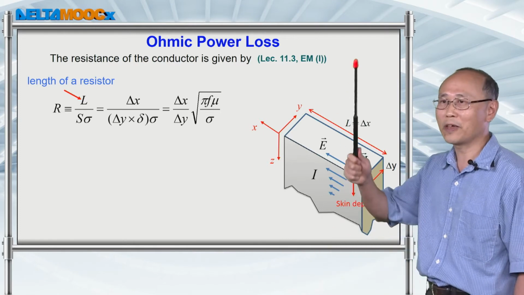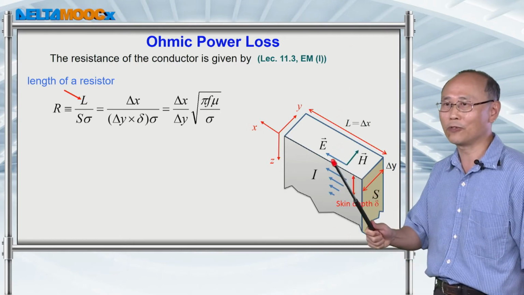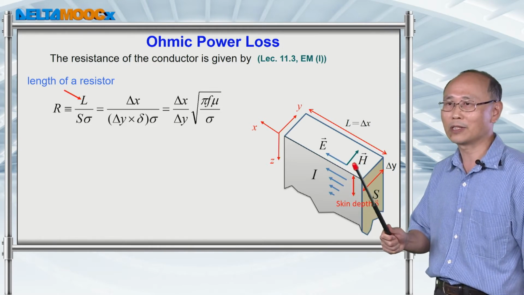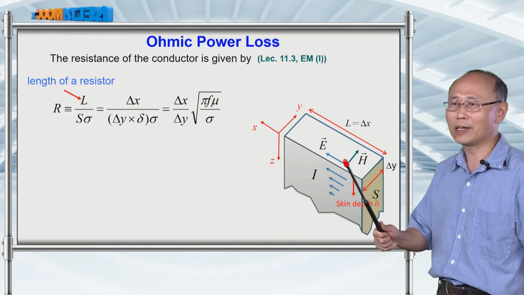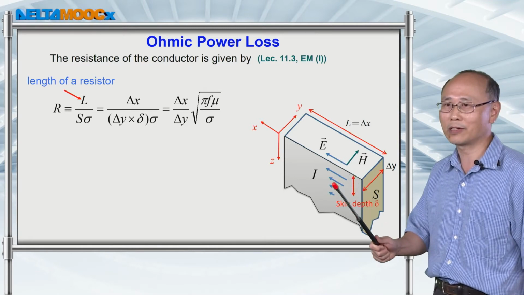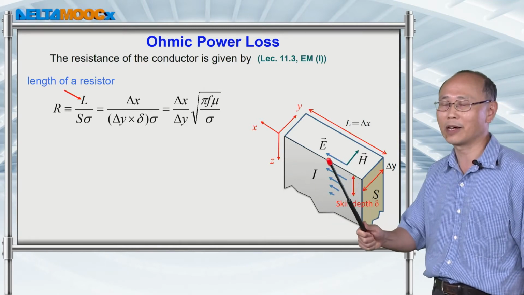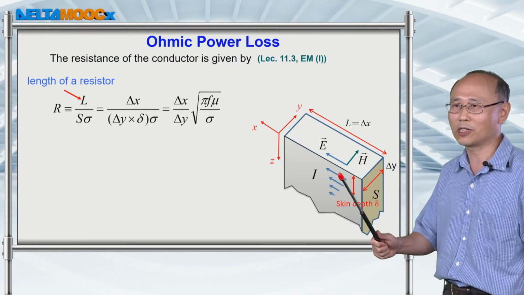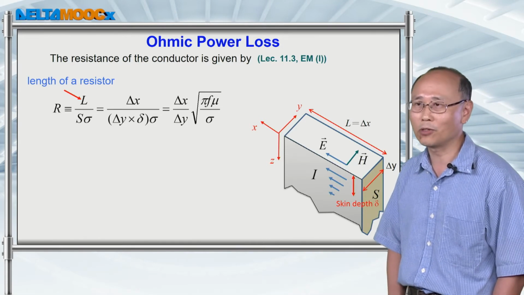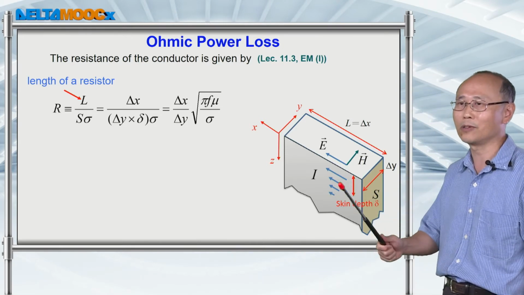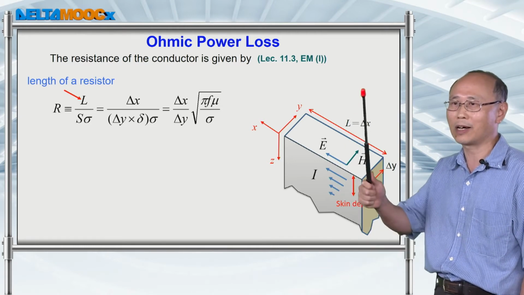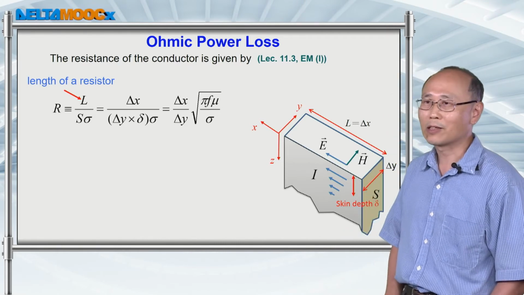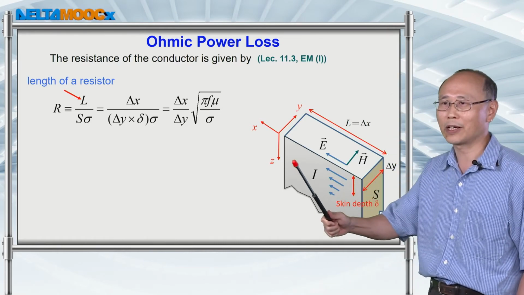So the wave is coming down this way, and the electric field is along the x direction, and the magnetic field is along the y direction. And you'll be inducing a current along the x direction, along the electric field direction. And this direction can also be determined by doing n cross H. And n is a surface vector along the minus z direction. And so you have current flowing in this direction.